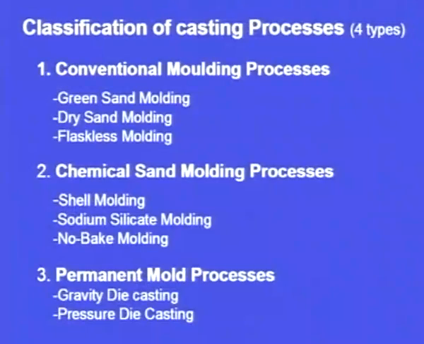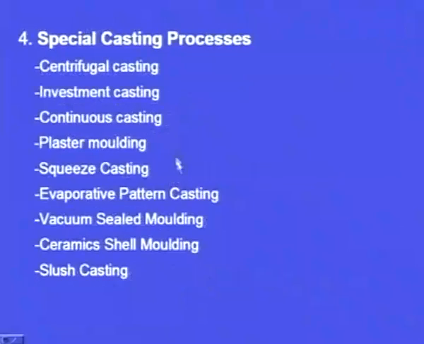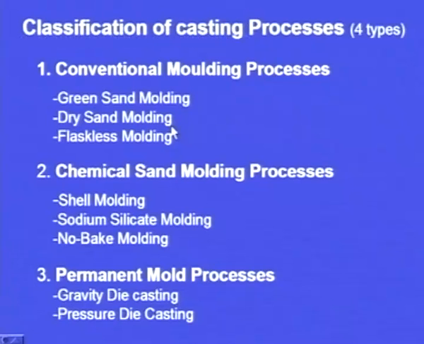And we have classified the casting process. So, this is the major classification of the casting process. They are mainly divided into 4 types: conventional moulding process, second the chemical moulding process, third the permanent mould process, and fourth the special casting process.